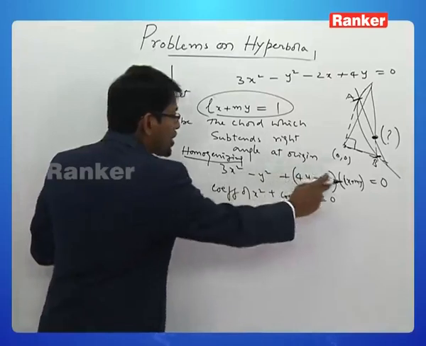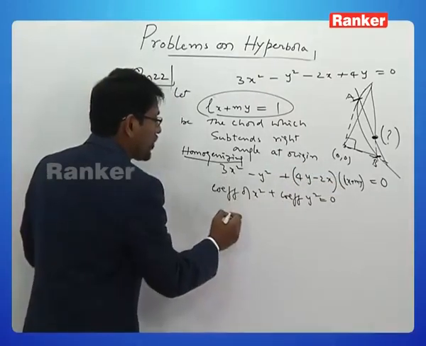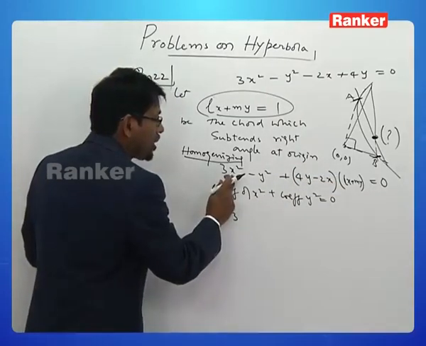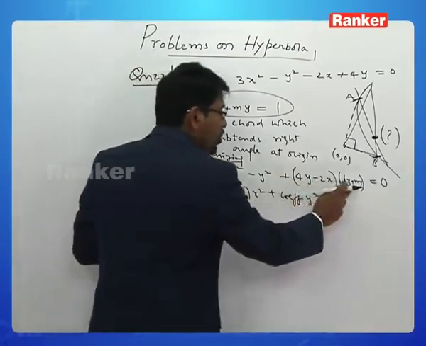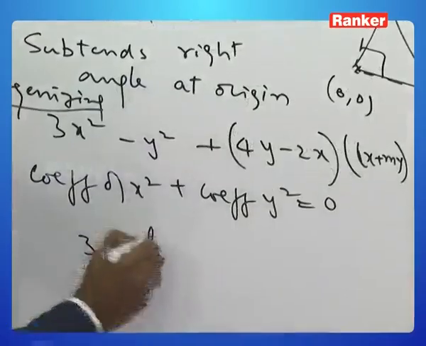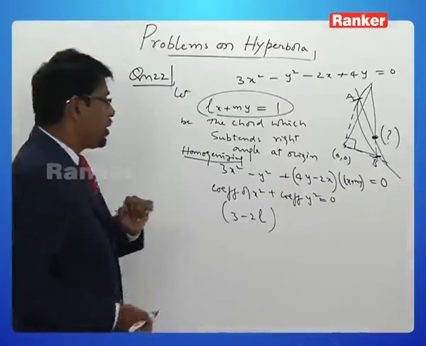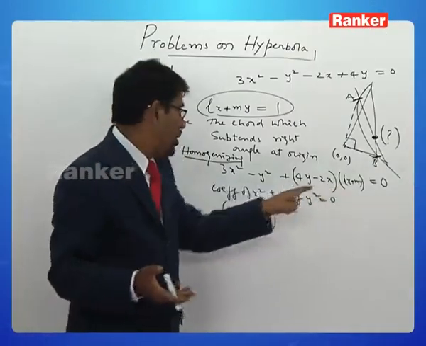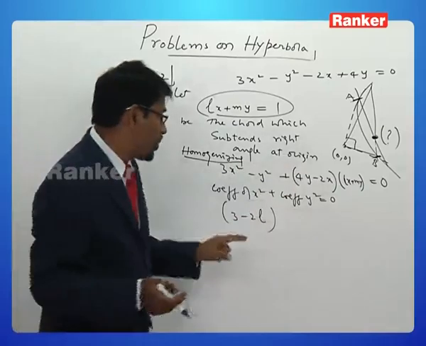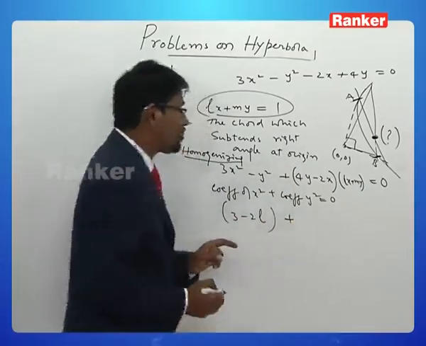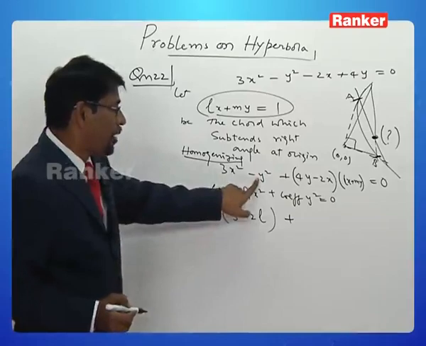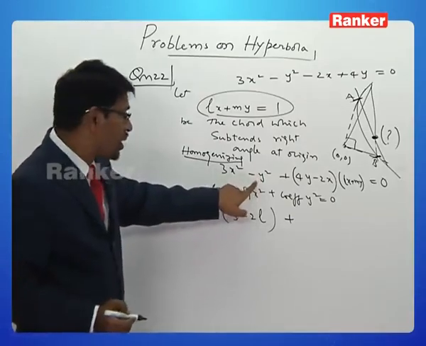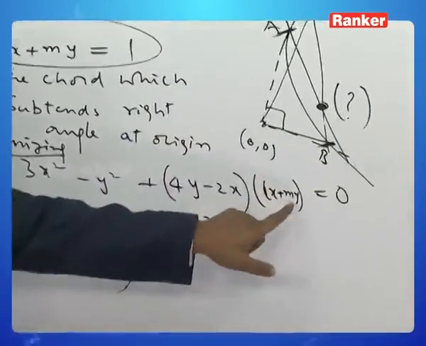Let's club the coefficient of x square. What is the coefficient of x square? It is 3 here and minus 2L here, so 3 minus 2L. Do we get an x square term in any other way? No way. So 3 minus 2L plus, now let us club the y square terms. The y square coefficient here is minus 1. Now let us see if we have a y square term here.